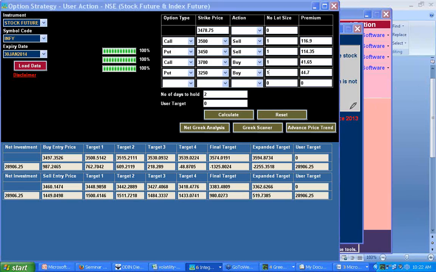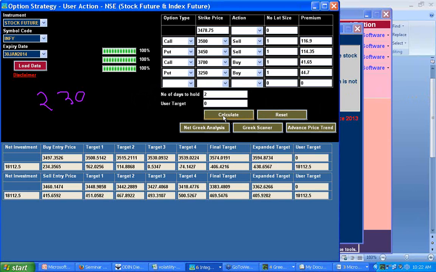For that reason only, with an equal depth of 200 points, I am buying a call option and a put option. By this process, if I calculate, this is my net profit and net loss it is showing me.